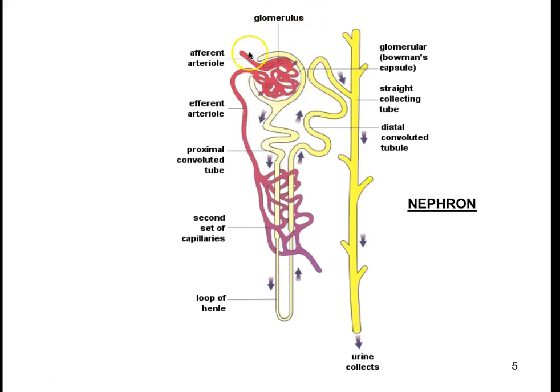And this capillary bed is where you can first filter plasma into the tube structure. Plasma minus blood cells minus big plasma proteins and other very large molecules. It's only going to be what is dissolved in the plasma of a certain size that can get filtered into the kidney tube. That filtration is going to occur here in the glomerulus.